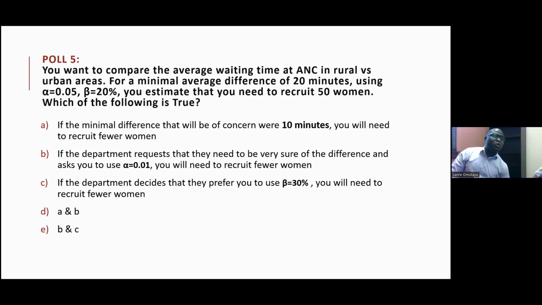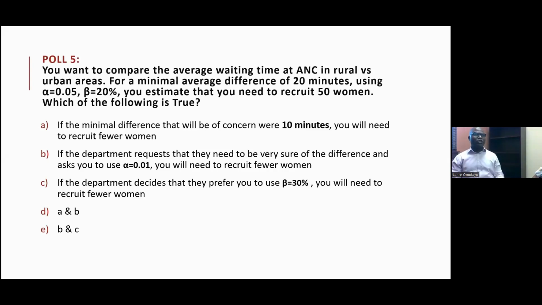So here, you want to compare the average waiting time at ANC, rural areas versus urban areas, for a minimal average difference of 20 minutes. So using alpha of 0.05, beta of 20%, you estimate that you need to recruit 50 women. Which of the following is true? So you see that here, there's a sample size that you have estimated, which is 50 women.